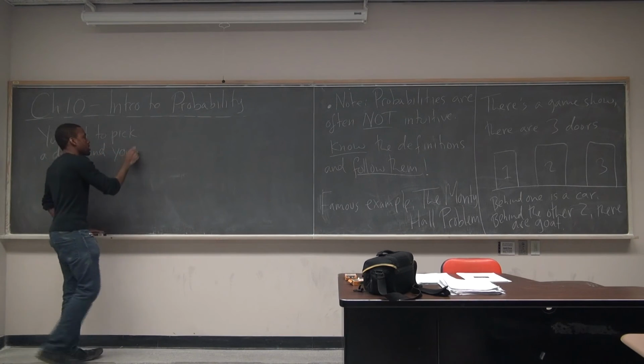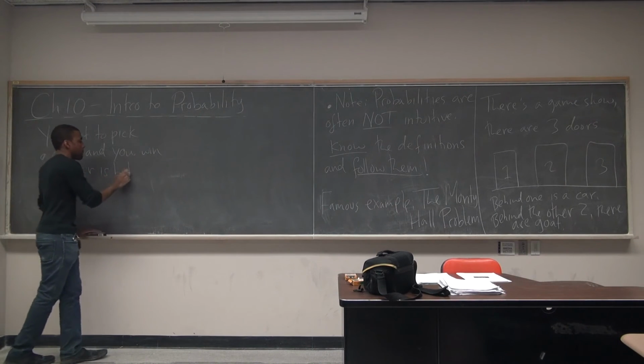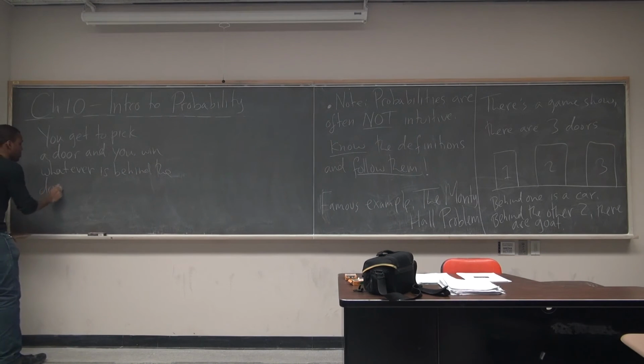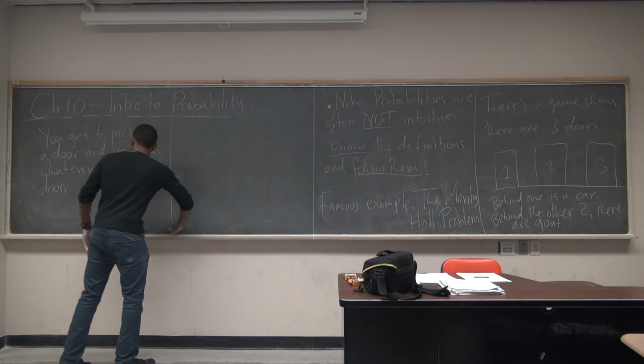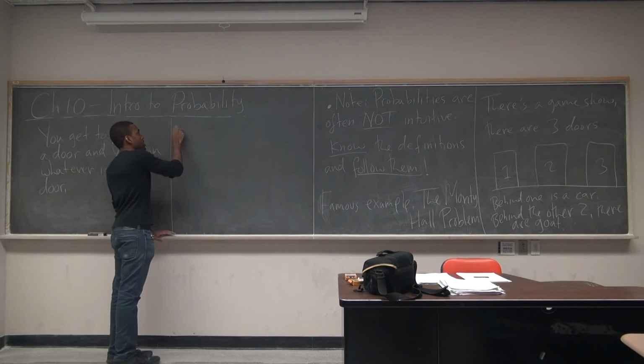And you win whatever's behind the door. I hope I win the car. Okay, pick a door. Whatever you feel like, right? So now what happens? Here's the scenario: 33%.